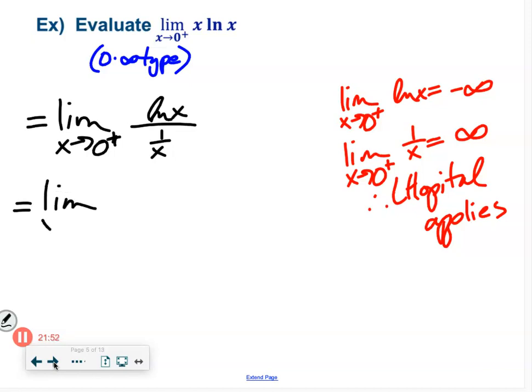All right, we've justified our L'Hopital. When we actually apply L'Hopital, we just take the derivative of the top and the derivative of the bottom. So everyone take a second.